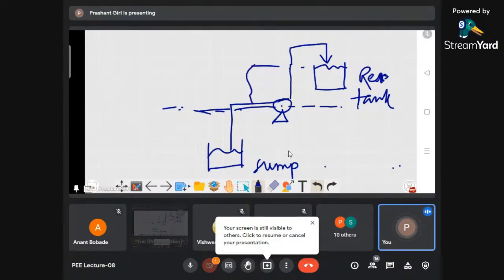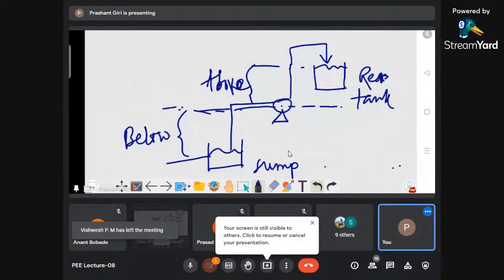Okay, this is above the center of the pump, and this one is below the center of the pump.